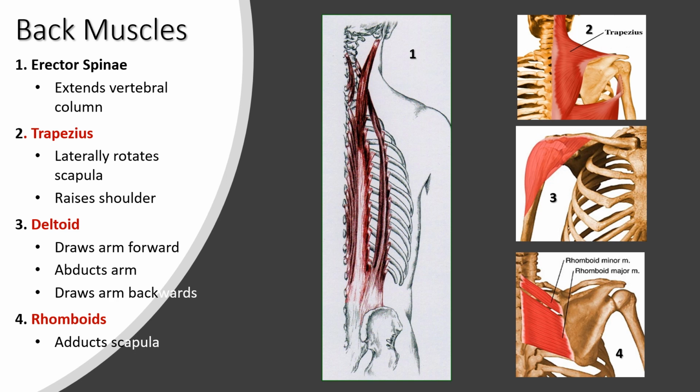And again, as I said before, with other major and minor muscles, the minor always sits on top of the major. The rhomboids are the workers, so these adduct the scapula, so they bring your scapular bones, your shoulder bones together. So rhomboid, major and minor, they do the same thing.